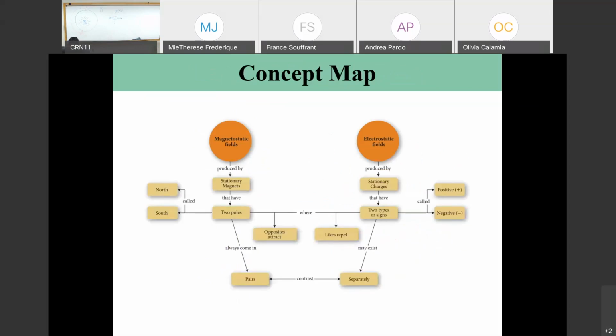Anyway, this is a nice concept map that allows you to look at the similarities and also the differences between electrostatic fields, or electric fields, and magnetic fields. Now, why do we call it magnetostatic and electrostatic? Because if you remember, in electrostatics, we talk about point charges that are not moving.